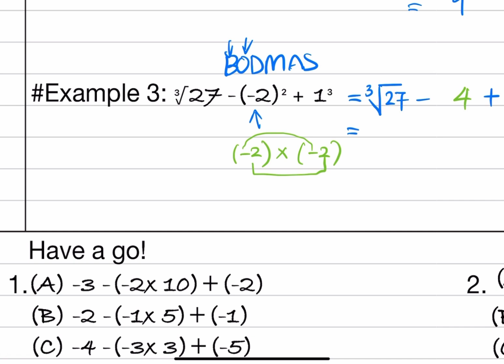We're going to do cube root of 27, we all know that it is 3, minus 4 plus 1 cube is just 1, because we know that this little one here, 1 cube, 1 multiplies 1. It gives us 1. Okay, and now keep going.